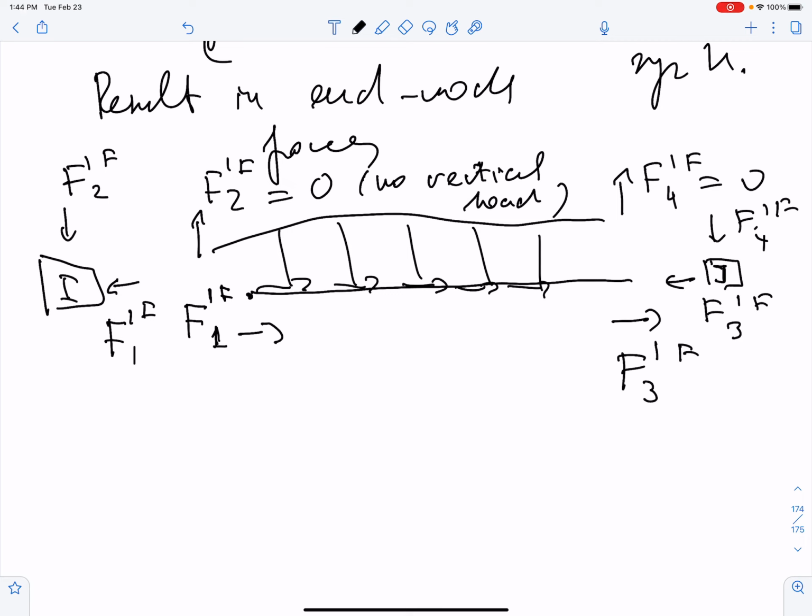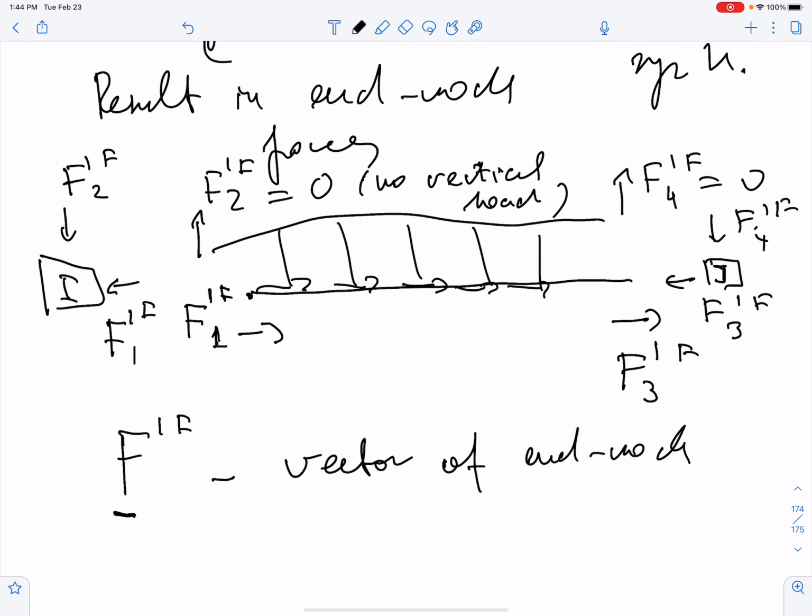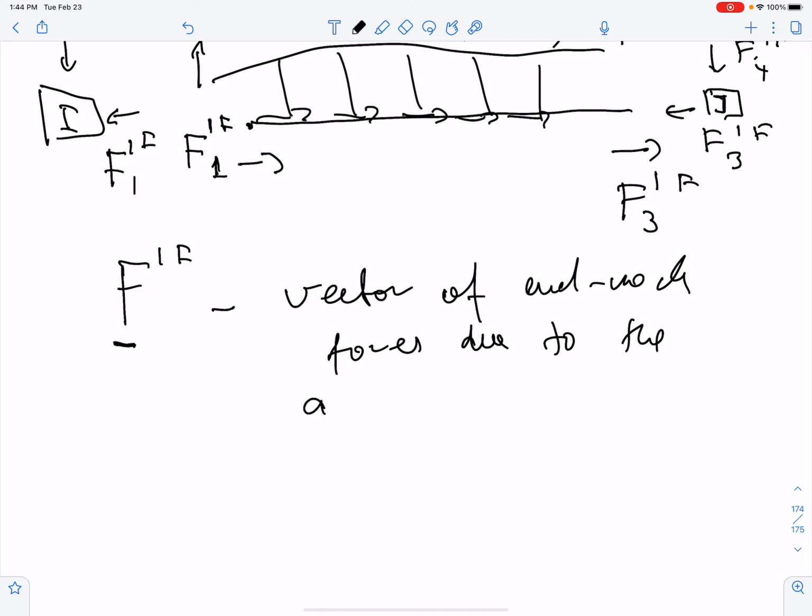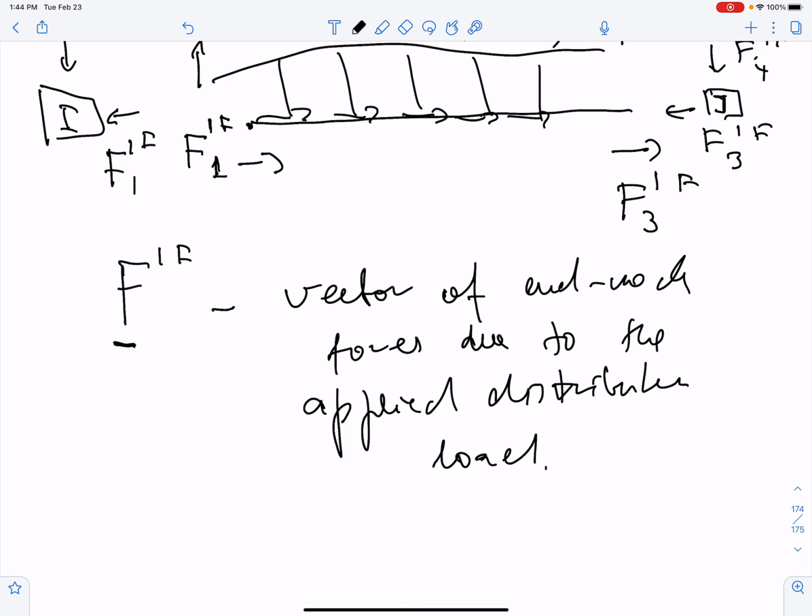And so basically, without the nodes moving, without any deformation, the application of a distributed force results in this f prime f vector, the vector of end node forces due to the applied distributed load, okay? And so, of course, as you change the load, the end forces will change as well, okay?